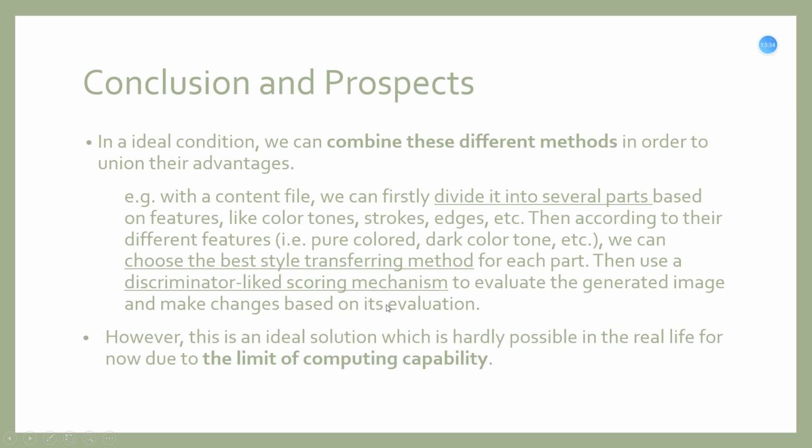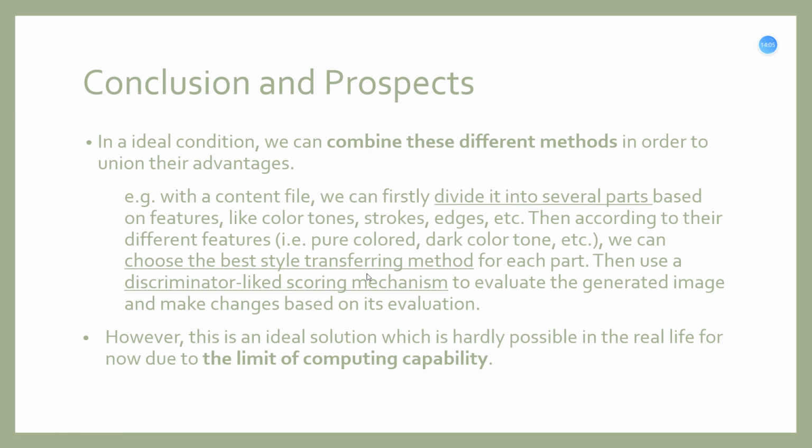Here is a prospect of mine. In an ideal condition, we can combine these different methods in order to union their advantages. For example, with a content file, we can firstly divide it into several parts based on different features like color tones, strokes, edges, etc. Then, according to their different features, we can choose the best style transfer method for each part.